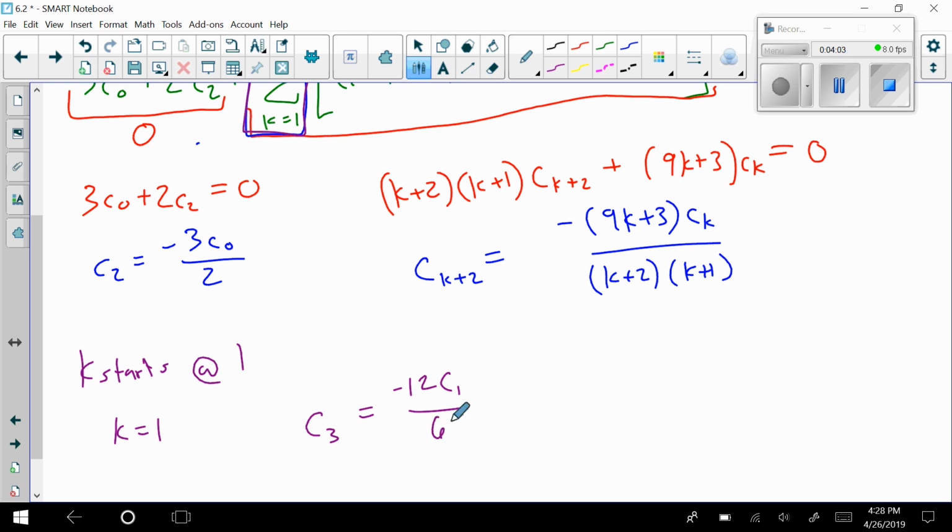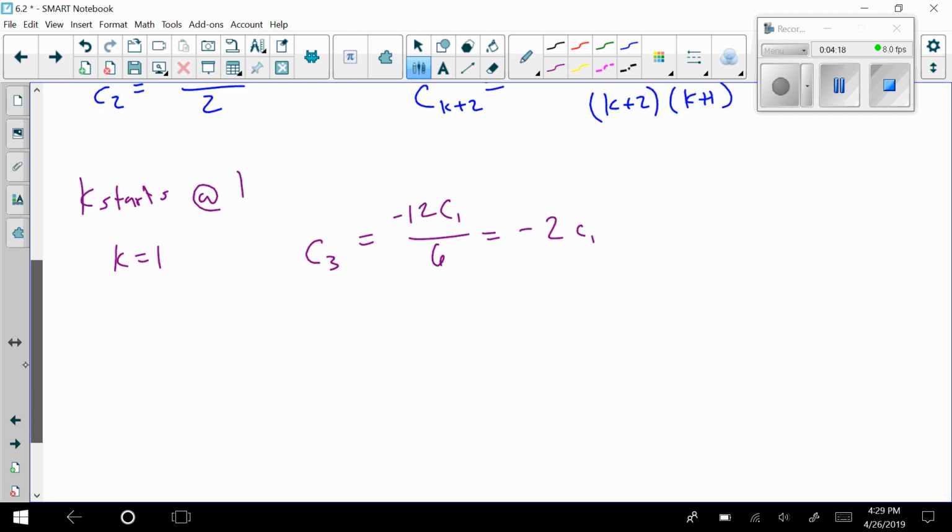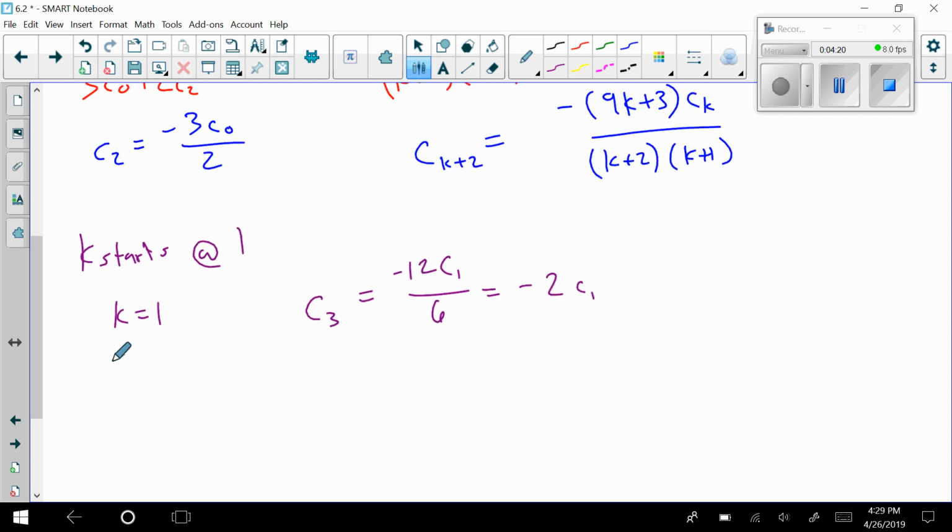Sorry, the 12 on the bottom was wrong. Now, c sub 1, I don't think I can do anything with that, so this is just a negative 2 c sub 1. That doesn't give me a ton of information on how the pattern looks, so I go again.